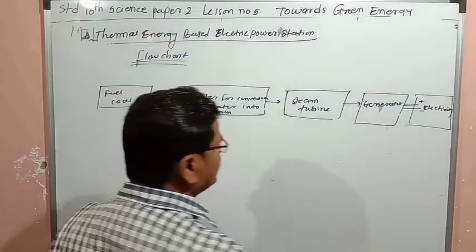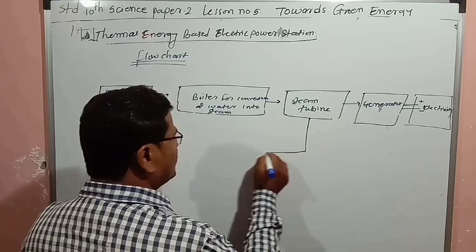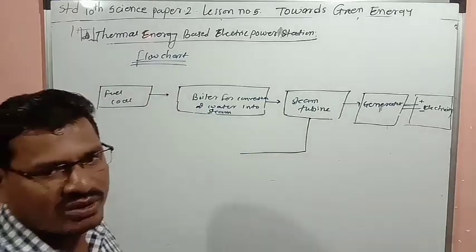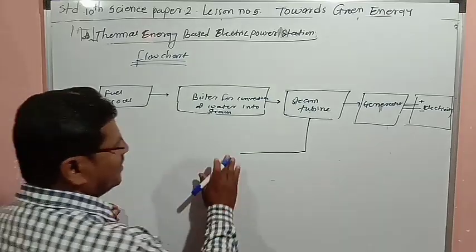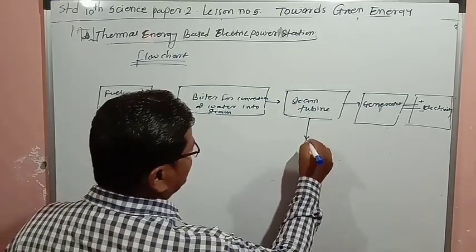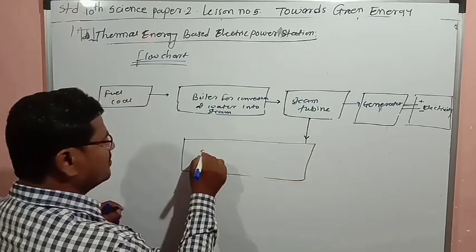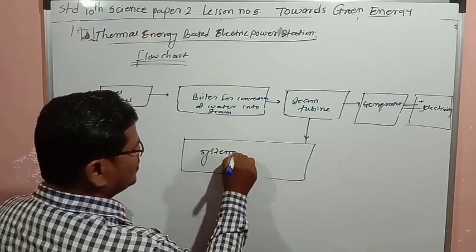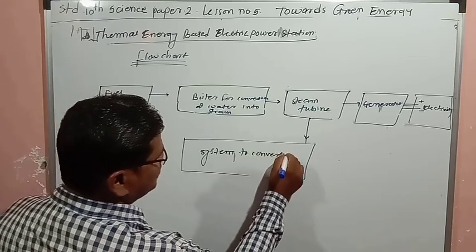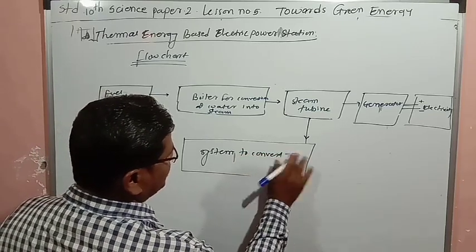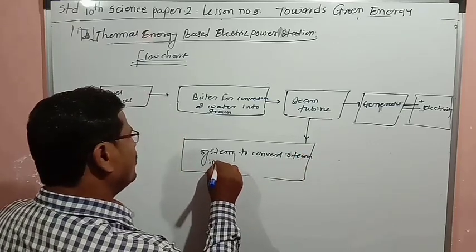Another thing is the steam turbine. From the steam turbine, the steam is cooled, so there is a system to convert steam into water again. So here you can draw it this way: a system to convert steam into water.